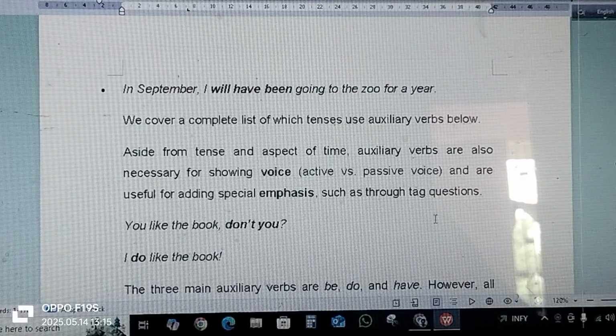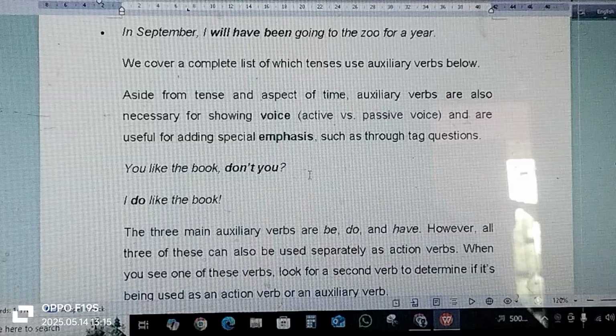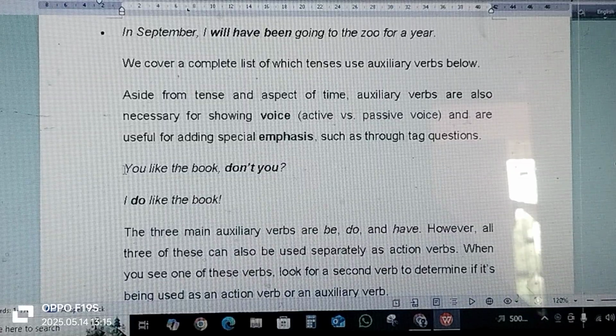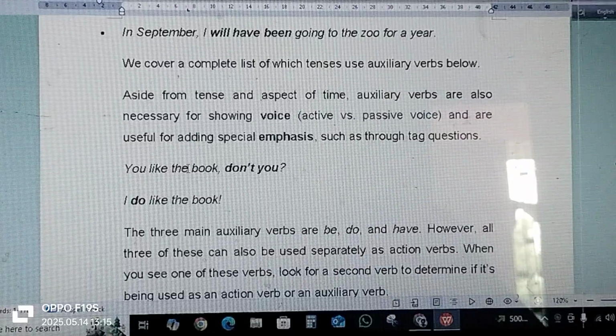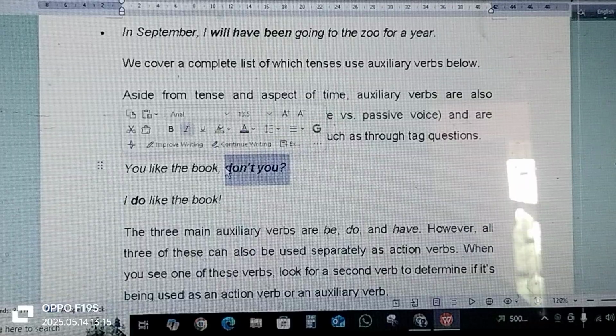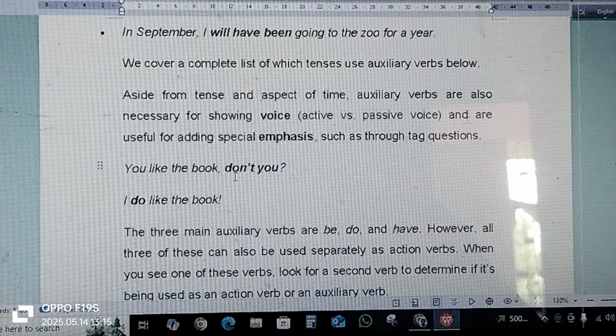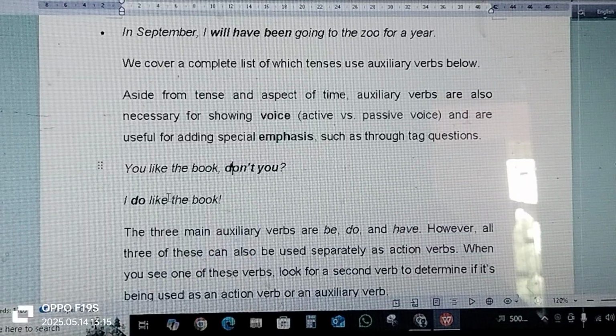As you know, an auxiliary verb is also used when we form a tag question from a sentence. Here is a sentence, you like the book. Here the tag part, don't you? Here we use the auxiliary verb do. The main sentence will be I do like the book.